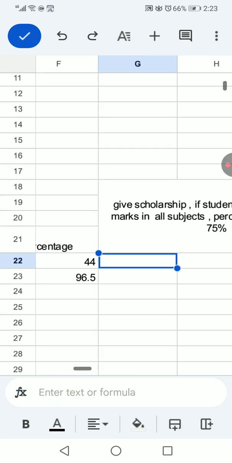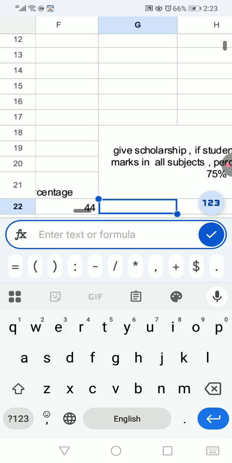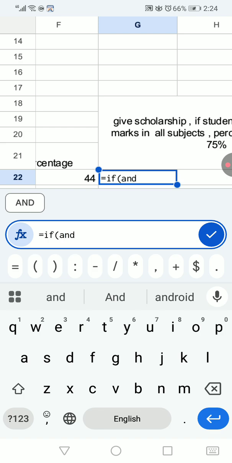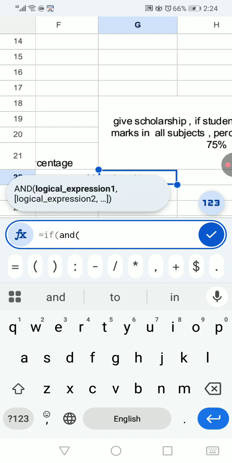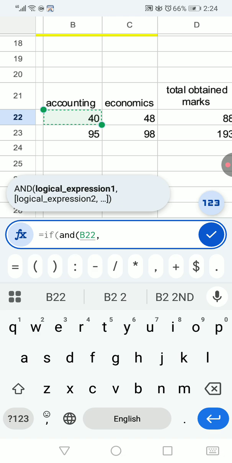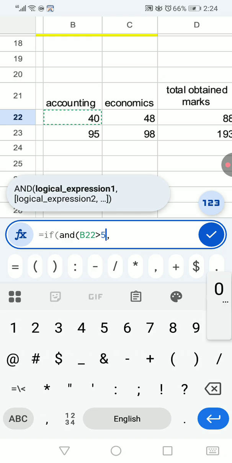Over here, we will put our criteria using IF. Now your attention is needed. First you will put equal to, then you will put IF, bracket would start, then you will put AND, bracket again would start. This would be your format for IF AND, because there are two conditions. Marks in each subject should be more than 50. First criteria, and second criteria is percentage should be more than 75. So here first subject accounting should be more than 50.